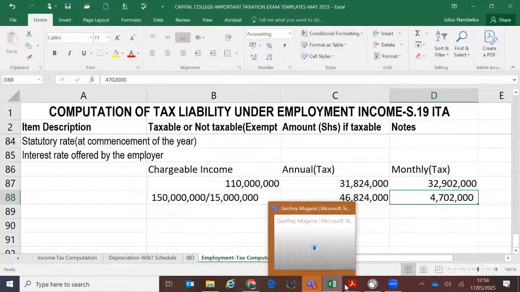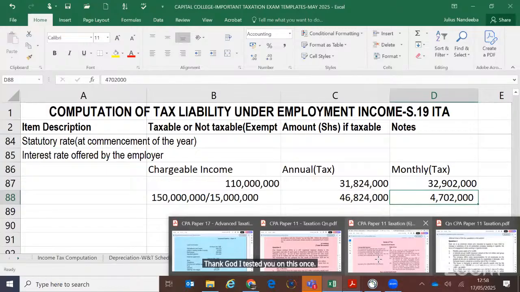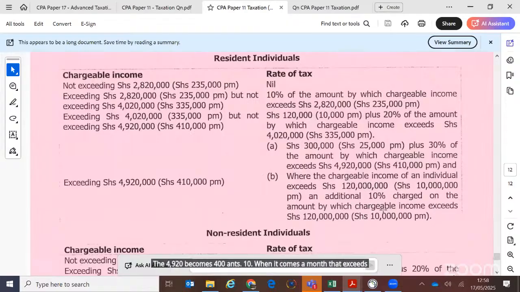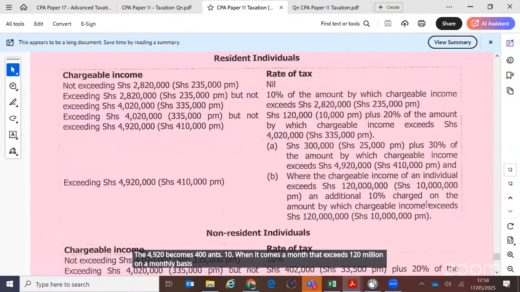Thank God I tested you on these ones. Please pay attention to this. When we are looking at a monthly basis, the 300,000 becomes 25,000. The 4,920,000 becomes 410,000. When it comes to the amount that exceeds 120 million on a monthly basis, we are looking at 10 million.